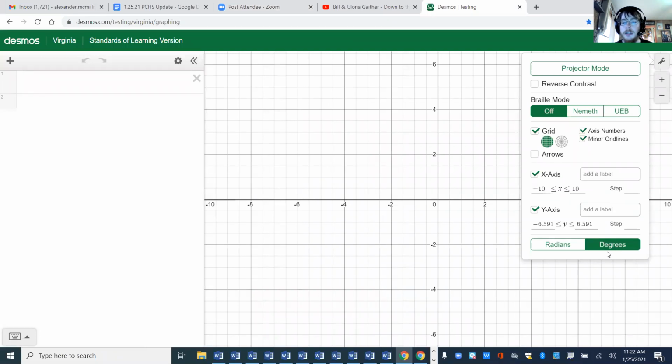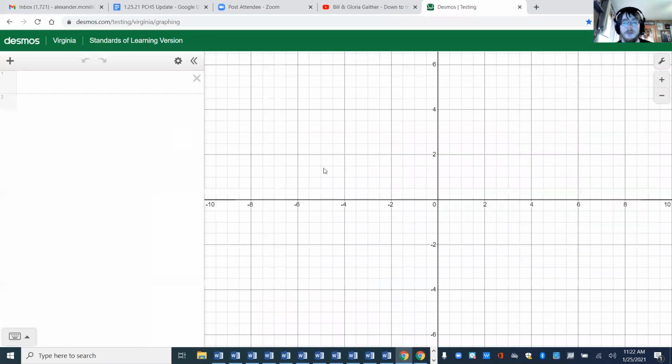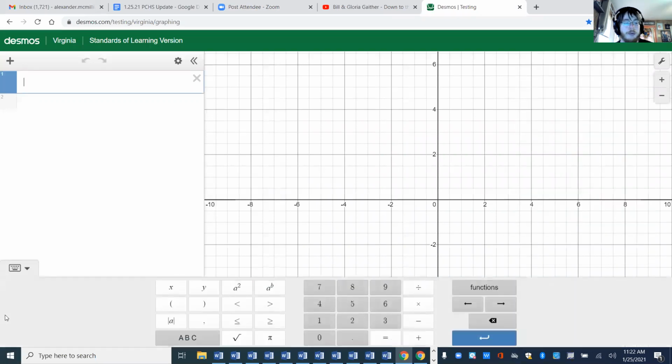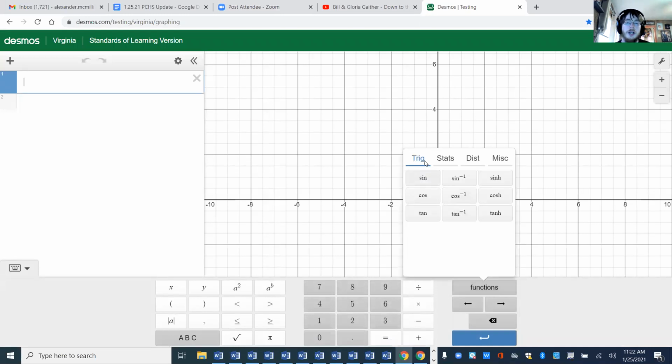Okay, that's got to be highlighted because we're dealing with angles. And then in your keypad, remember that if you click the functions button under the trig, you'll see sine, cosine, and tangent. And then right next to it, you'll see sine inverse, cosine inverse, and tangent inverse. Okay, so these are the ones we're going to be using in this video, but you need to know how to use all 6 of these.